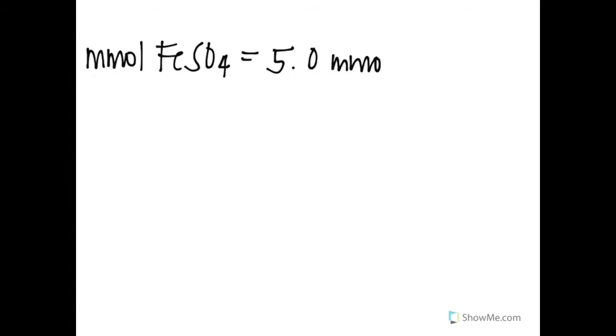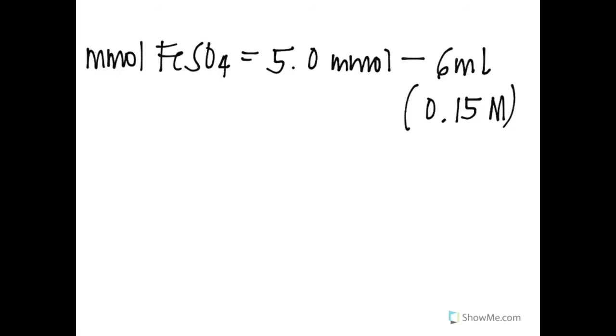So the number of millimoles of FeSO4 is equal to the 5 millimoles minus the 6 ml multiplied by the molarity of the iron, which is 0.15 M, and this is equal to 4.1 millimoles of FeSO4.